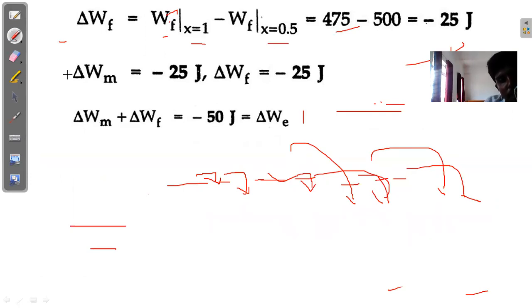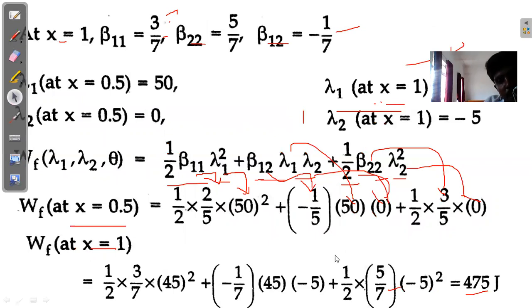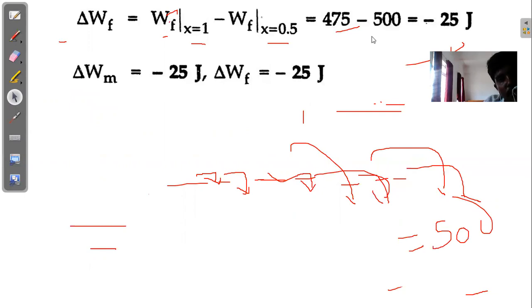When we substitute x is 0.5, we get the answer equal to 500. So finally, 475 minus 500, we get the answer minus 25 joules.